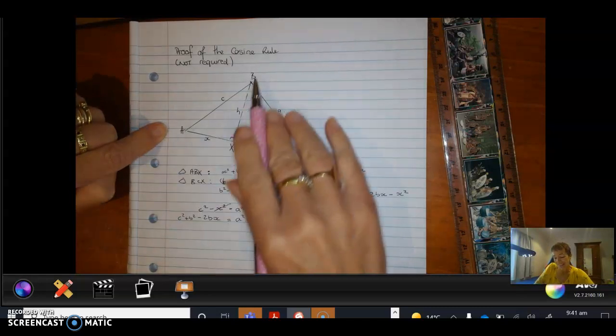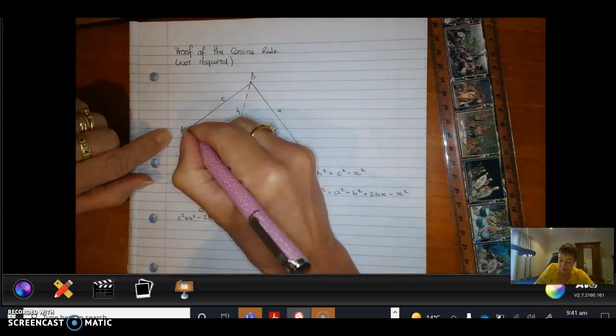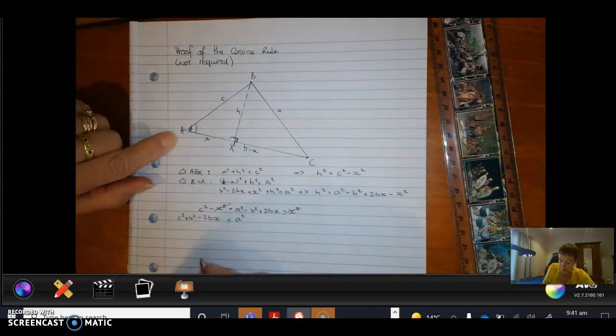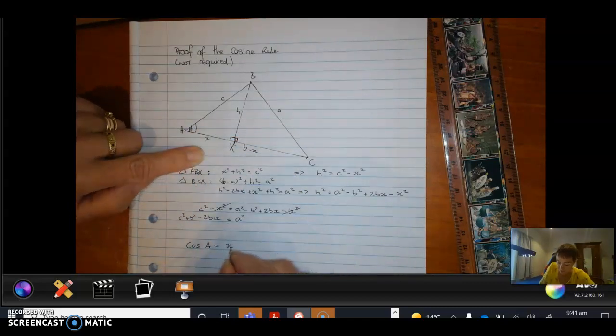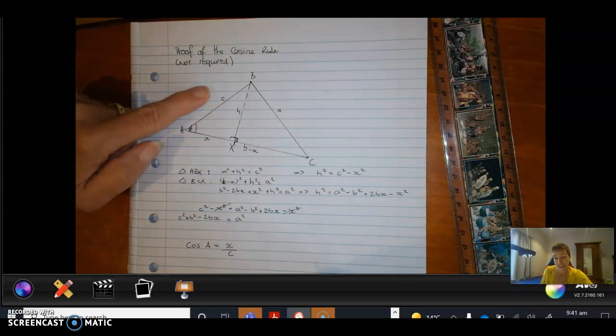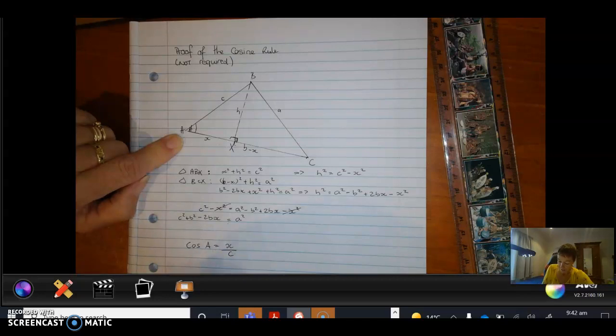Okay, so when we look at this triangle over here, we are now going to say, well, this is the angle A. So I know that cosine of A is equal to the adjacent side, which is x, over the hypotenuse, which is c. So hopefully you're happy. Adjacent, hypotenuse, it's a right angle triangle. I can just use cos. Okay, cosine. So I am now going to multiply up the c.